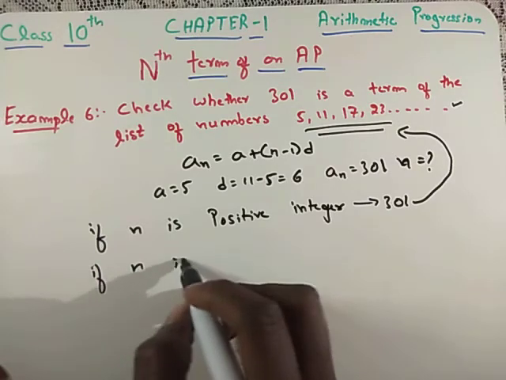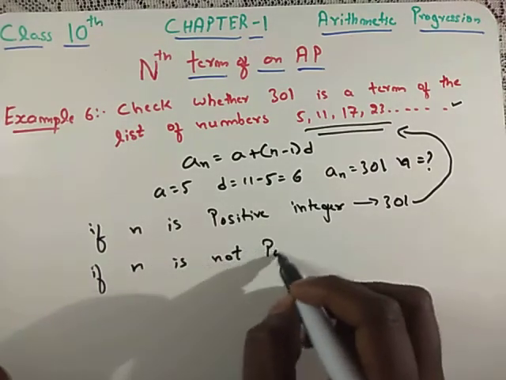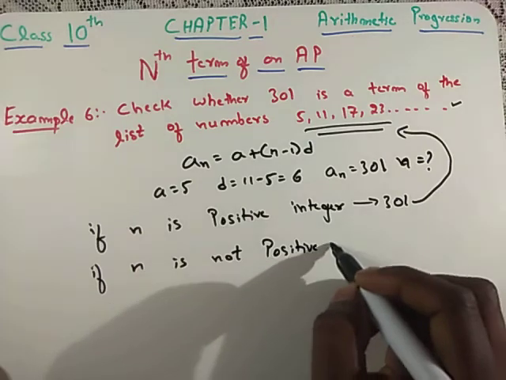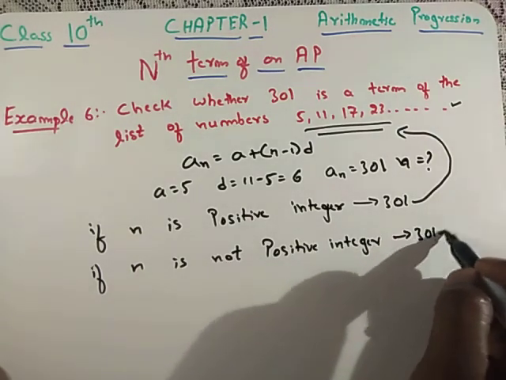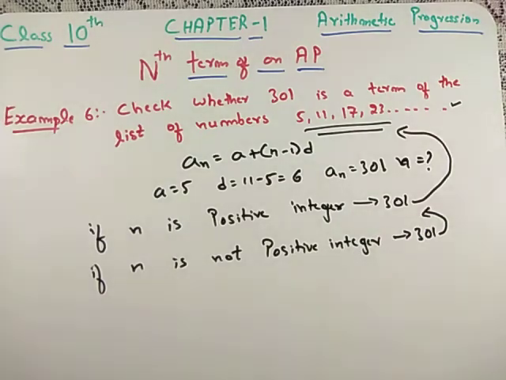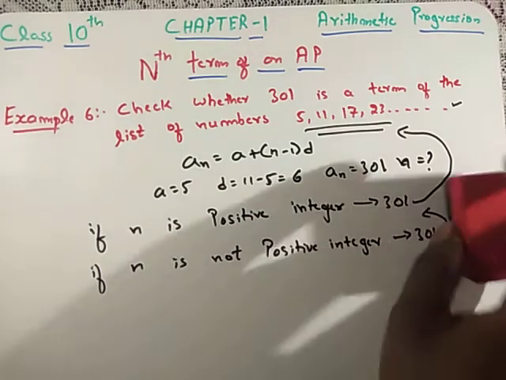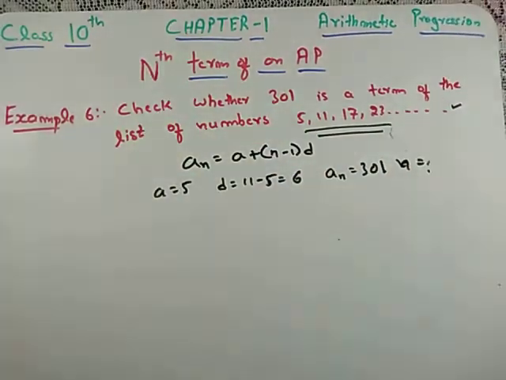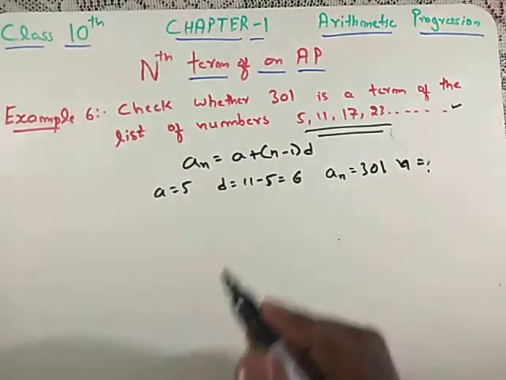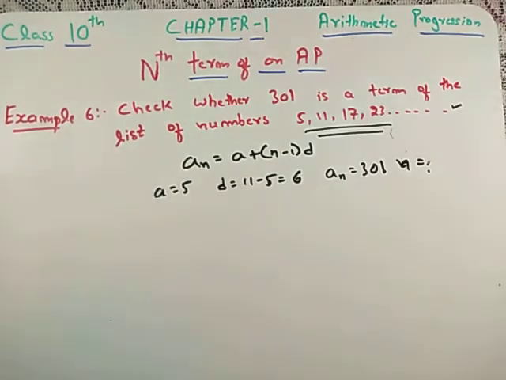If n is not a positive integer, then 301 will not be a term of this arithmetic progression. So, we have to find the value of n and see whether n is a positive integer or not. Now let us substitute all these values in the formula for the nth term of an arithmetic progression.